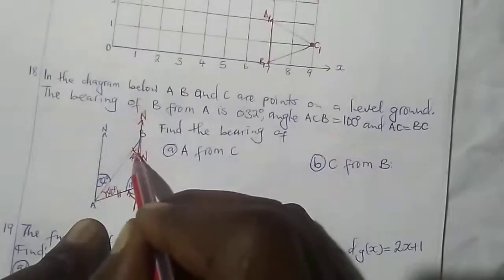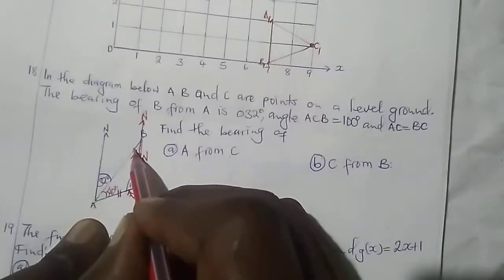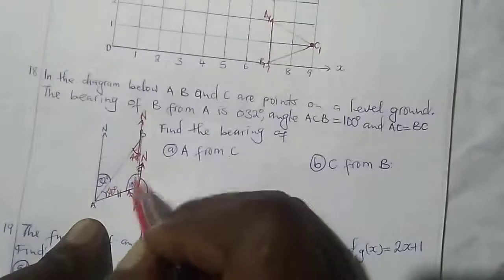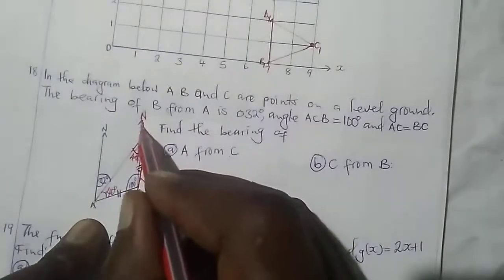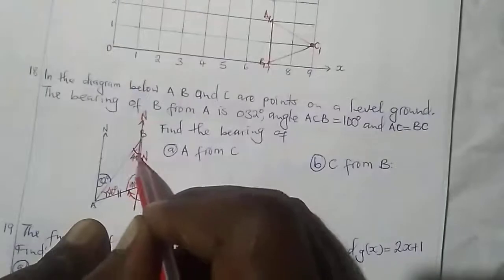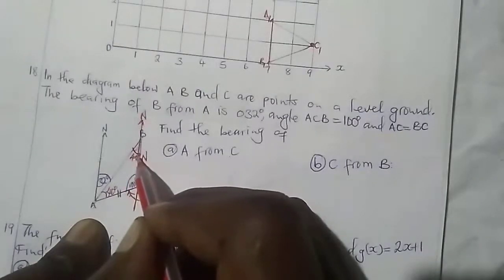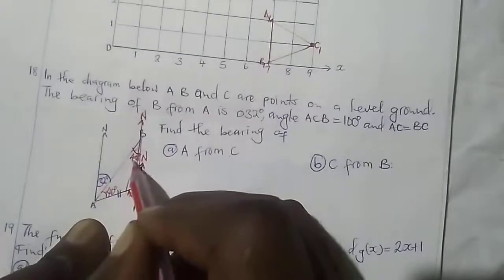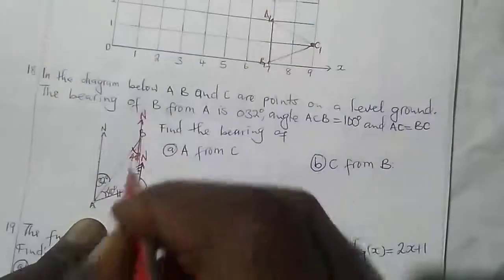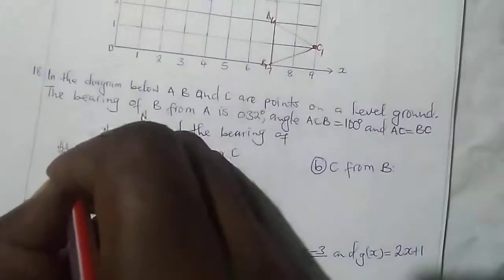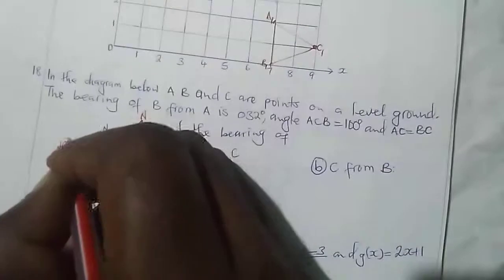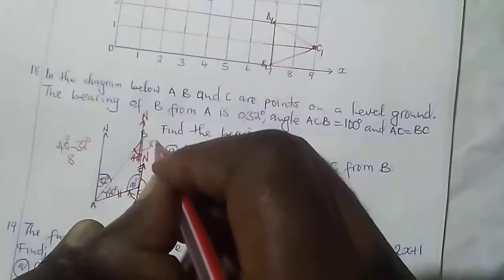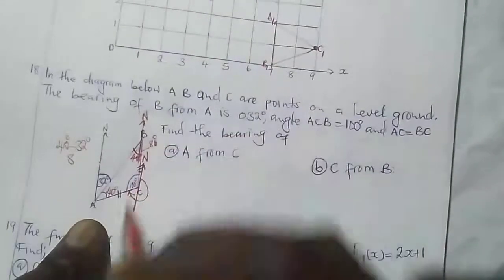Earlier on we said the angle from this blue line, line AB, to line BC is equal to 40 degrees. That means this red line has divided this angle into two parts, so we find the value of this angle by taking away 32 from 40. So 40 minus 32 degrees will give us 8, so the value of this angle is 8 degrees.